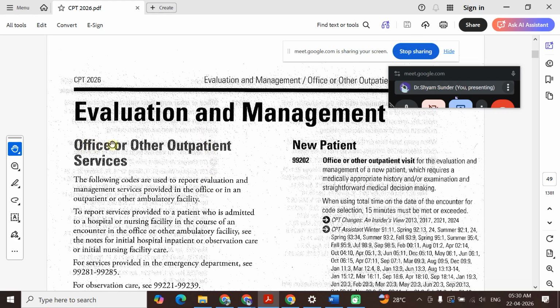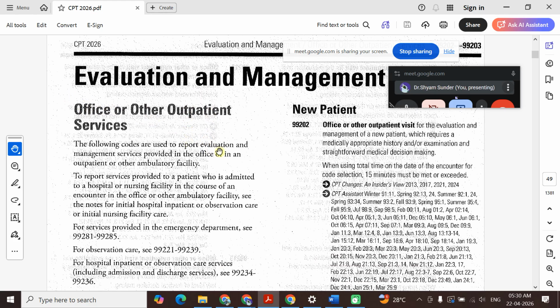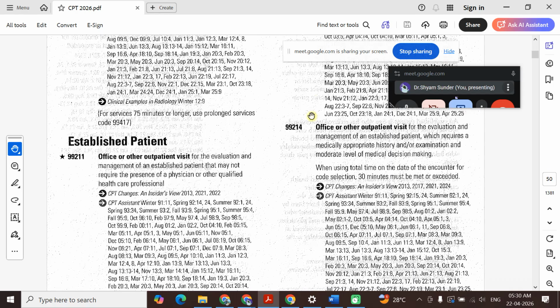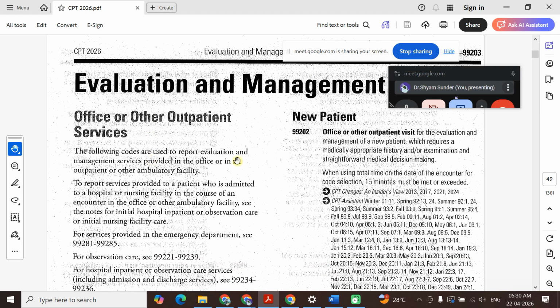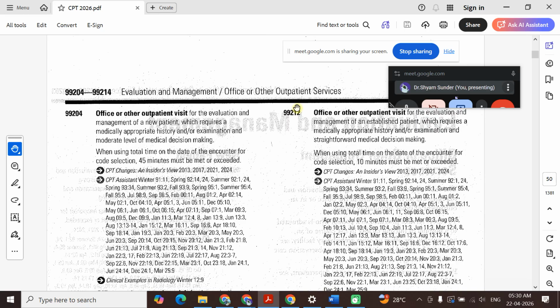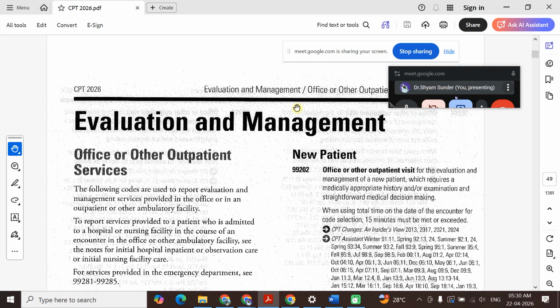This is the place of service we are talking about. Now the second thing is whether the patient is new patient or established patient, because the codes are different. If it is a new patient, we have four codes: 99202, 99203, 99204, 99205.